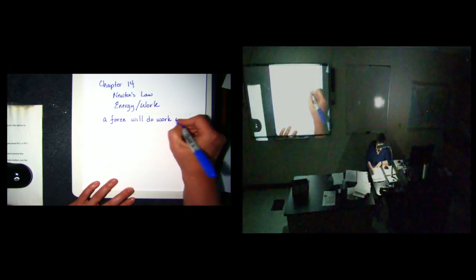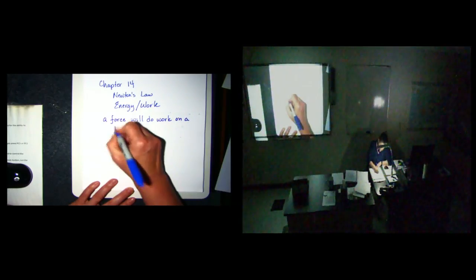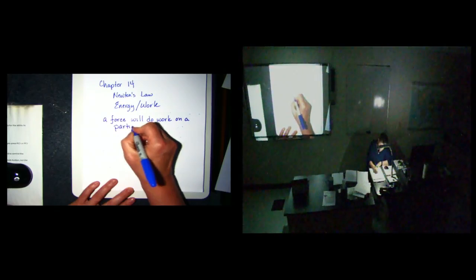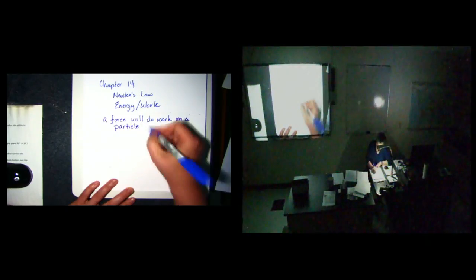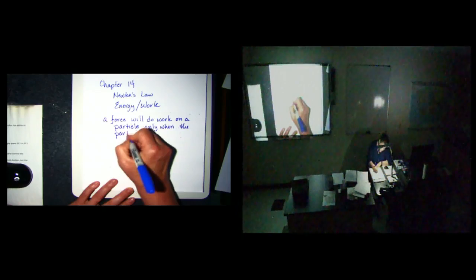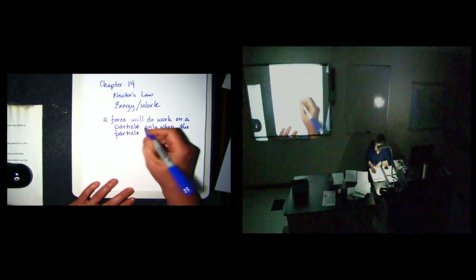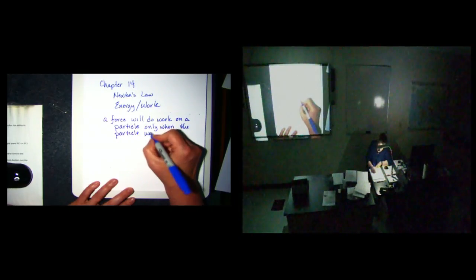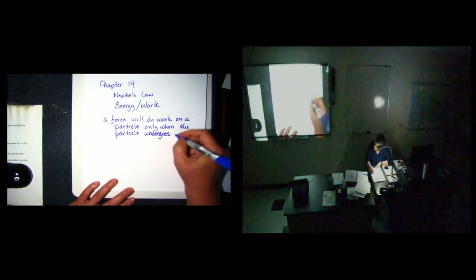So if I have a box and I have a force being applied and my box goes this way, we know that this is the only component of the force that's doing any work. This component of the force is wasted. Okay, that component of the force is wasted.